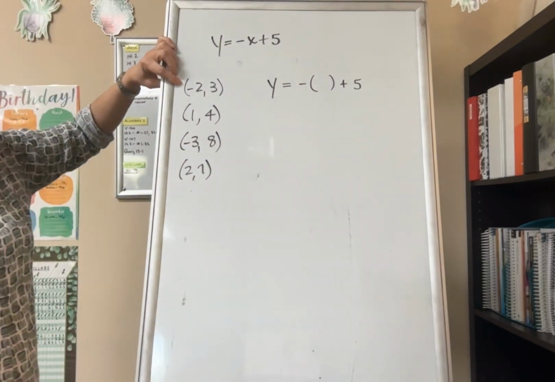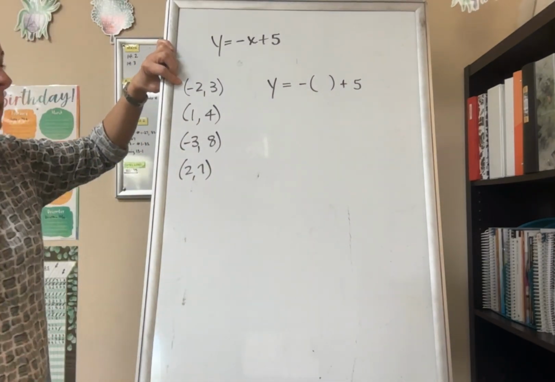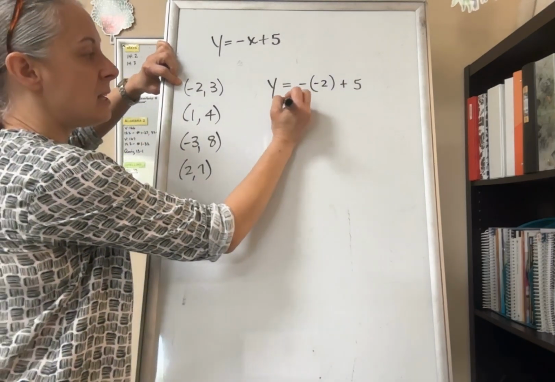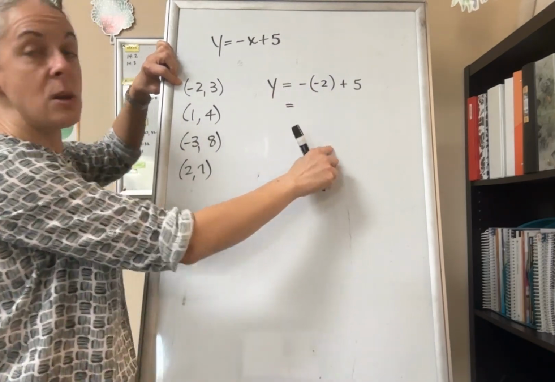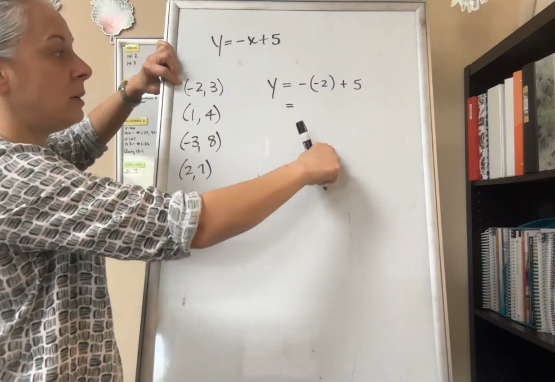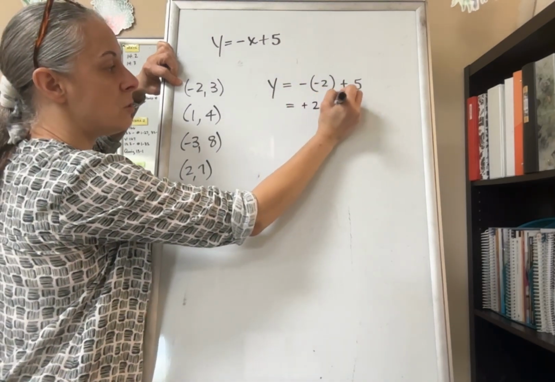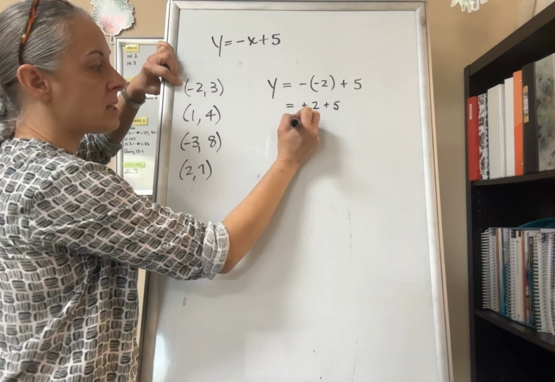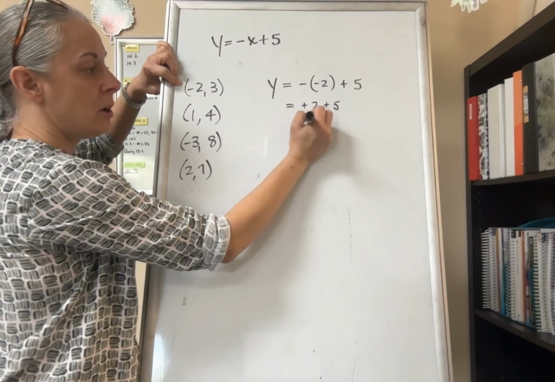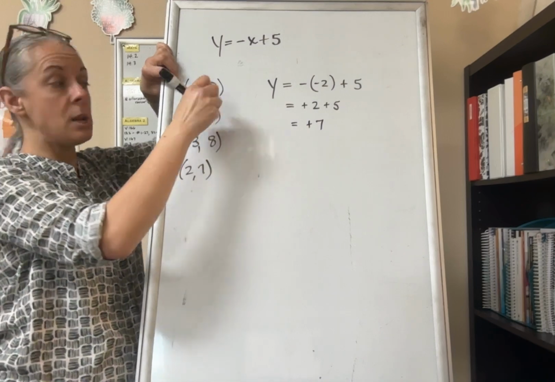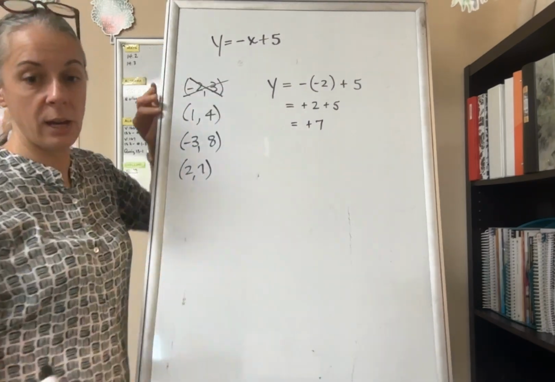What's the input for this first ordered pair? -2. So let's put -2 here, and then let's work this to see what we get for the output. -2 becomes +2. +2 and +5 make +7. Did that give 3 as an output? No. Okay.